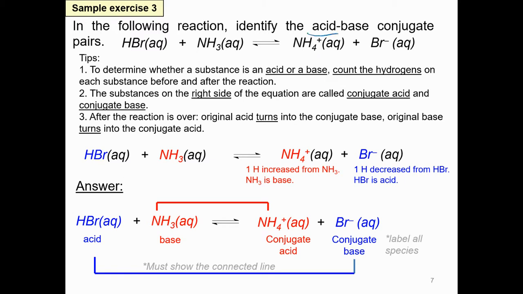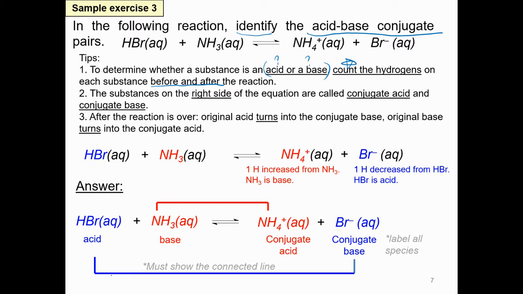It has highlighted that we need to identify the acid-base conjugate pairs. So the first thing is you must know which one is acid, which one is base. It's quite easy to identify. You count the hydrogens of each substance before and after the reaction.